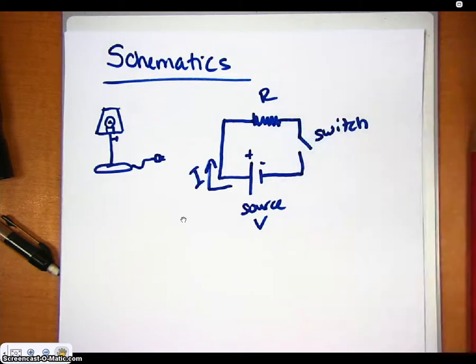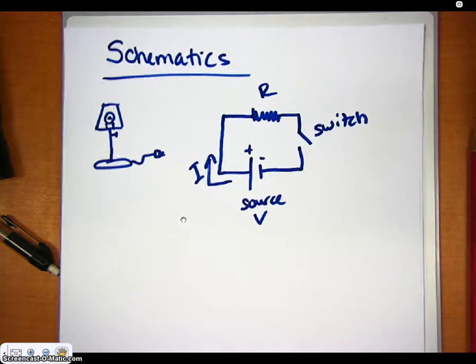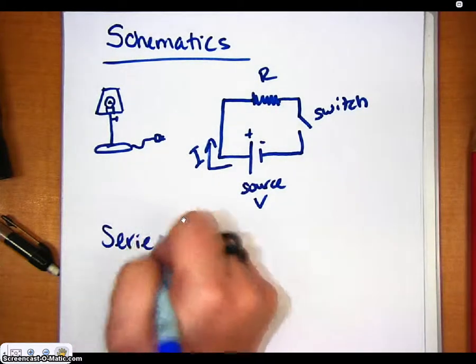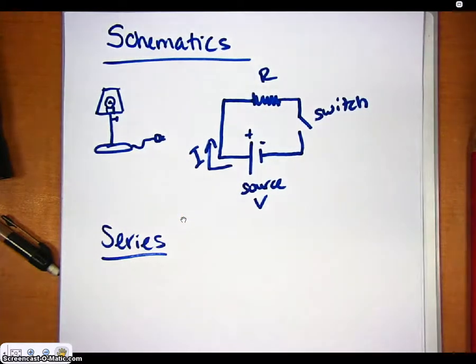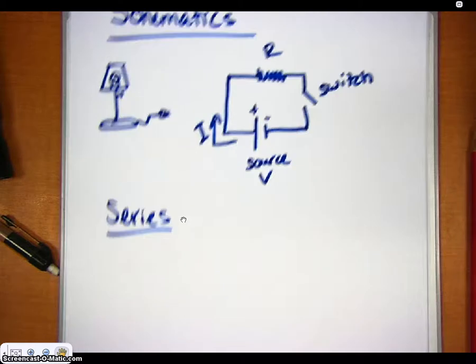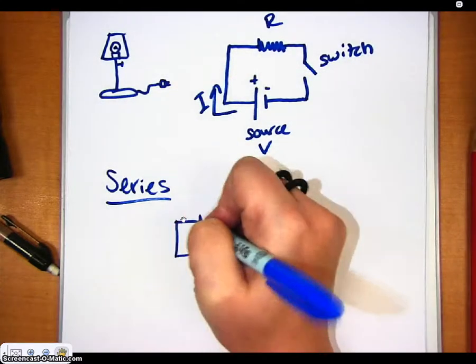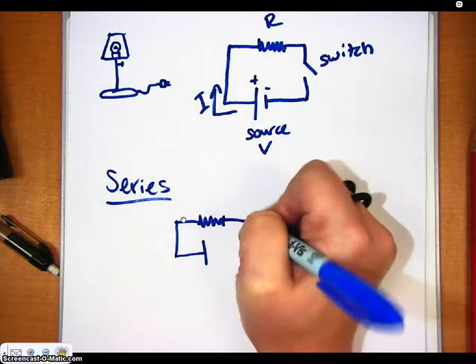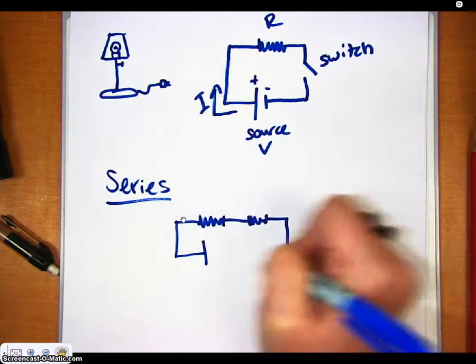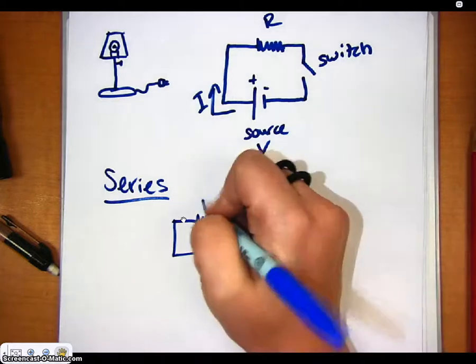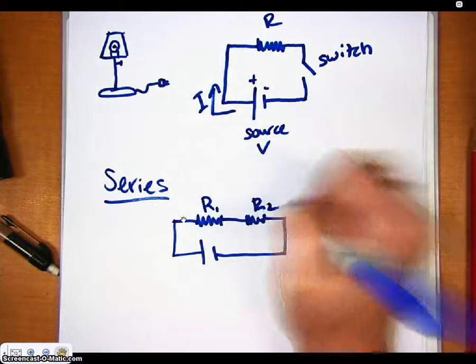The first is when we put resistors in series. In this case, you would have one resistor and then another resistor, like this. These two are considered to be in series.